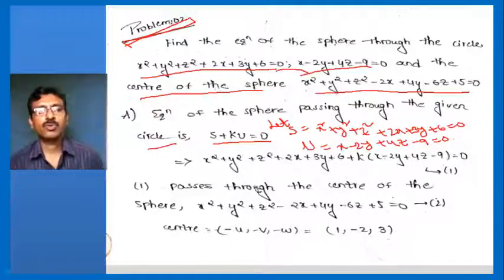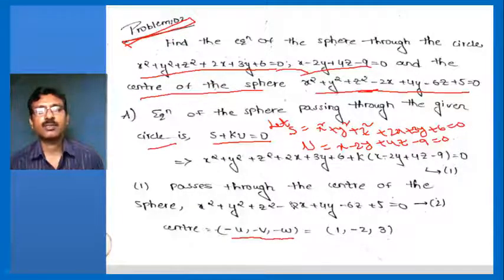Next we go to the center of the given sphere, x square plus y square plus z square minus 2x plus 4y minus 6z plus 5 equal to 0. So what is the center of the sphere? The formula is minus u, minus v, minus w.